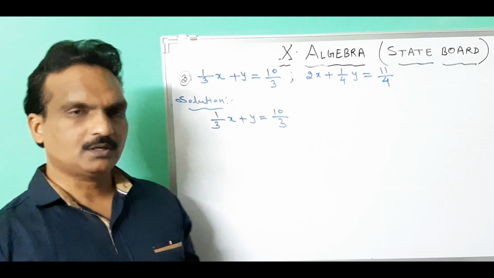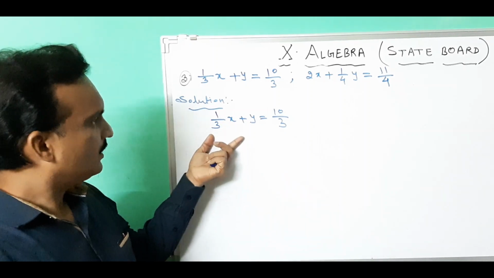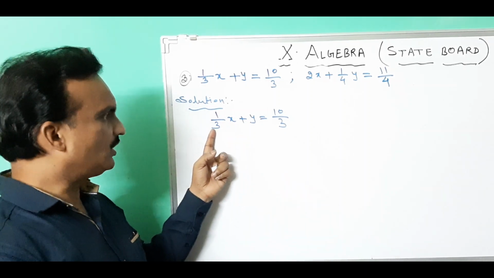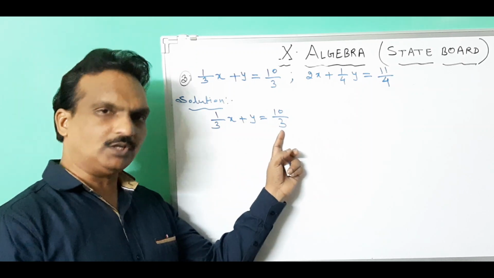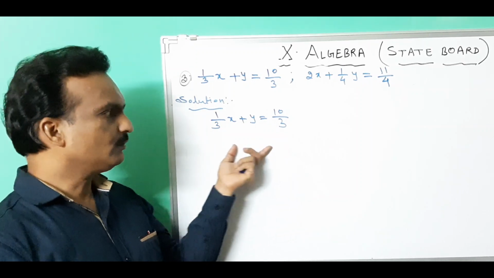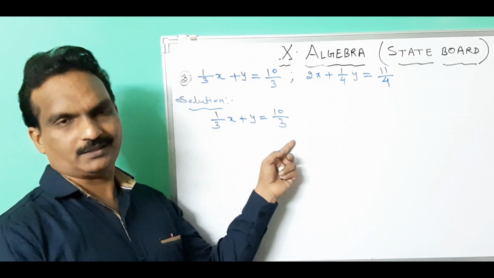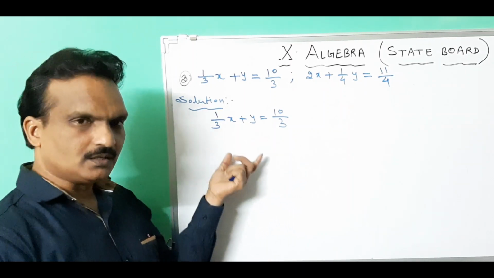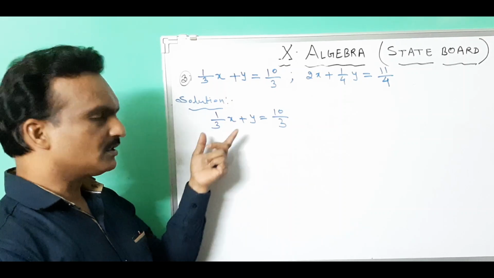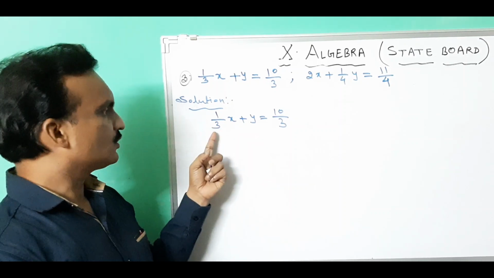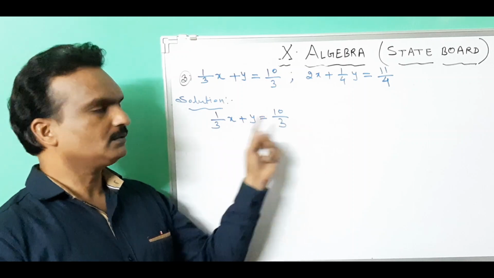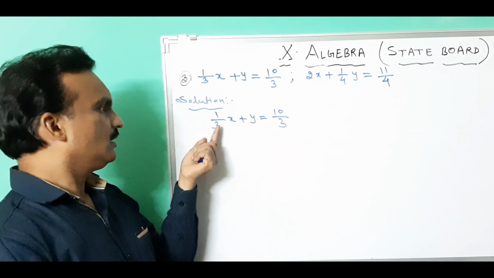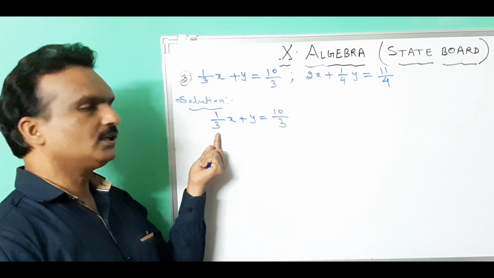Now here you can see in the denominator you have 3 and here also you have 3. We will remove these 3 from the denominator so that this equation gets easier, that means in the simpler way. So multiply this equation by 3 because in denominator you have 3.